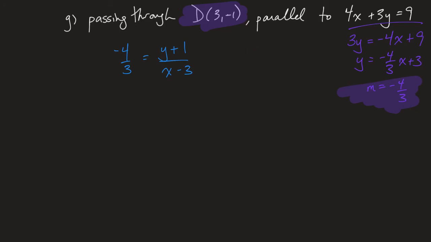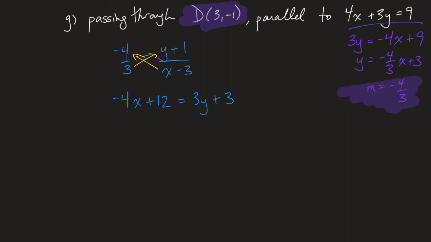Okay, I've got that. Now, I would love if we could jump to this next line. Negative 4x plus 12 equals 3y plus 3. There is me cross multiplying. I get to that point, and who cares what form of line you put that in? Just put it in one or the other.